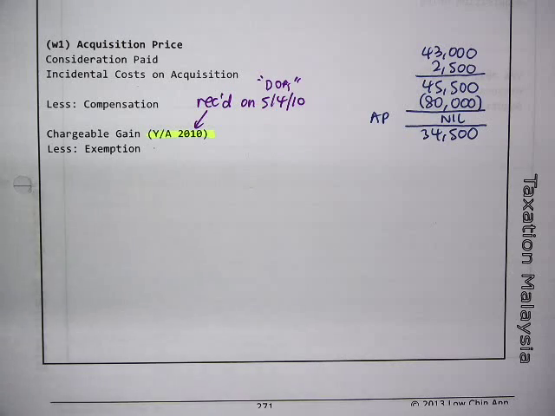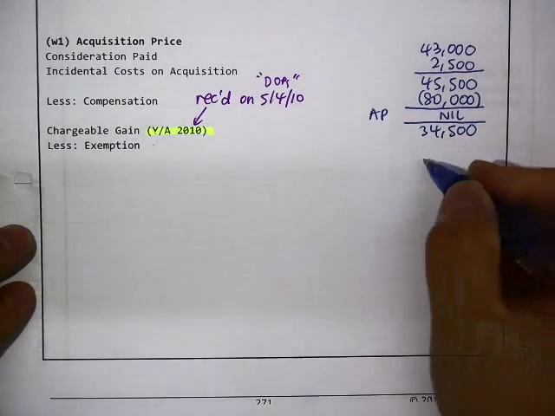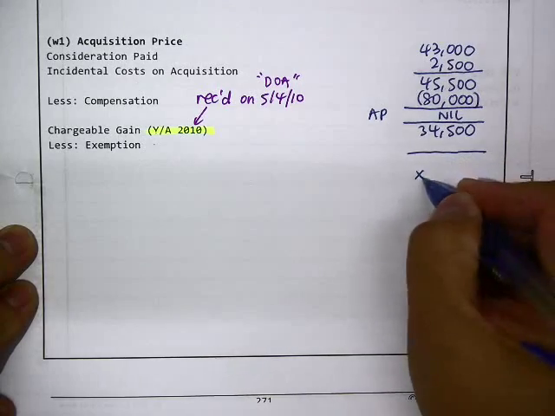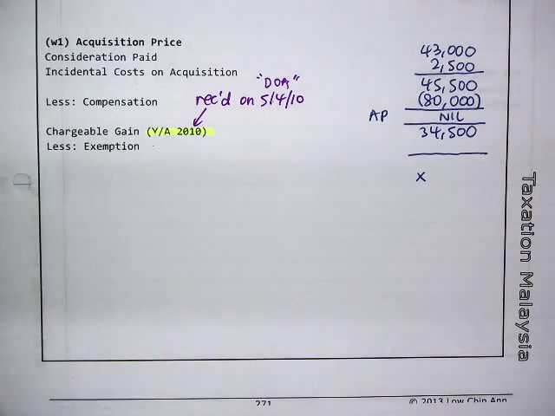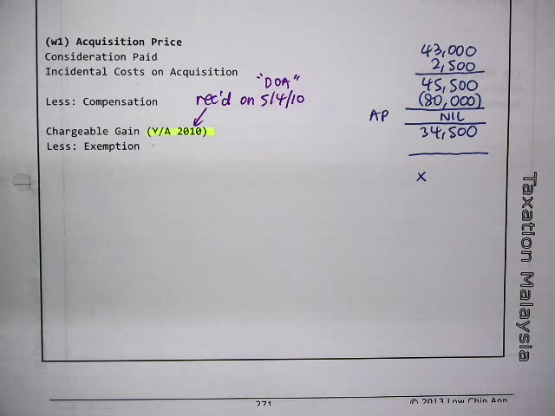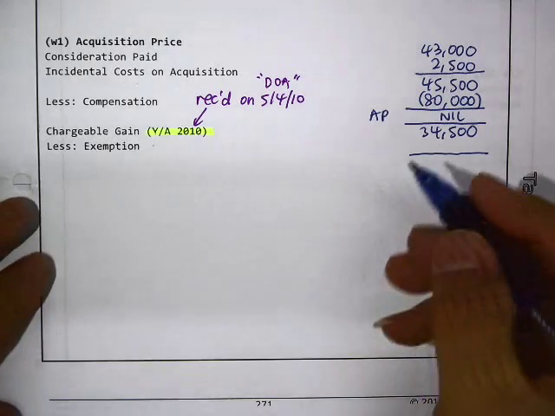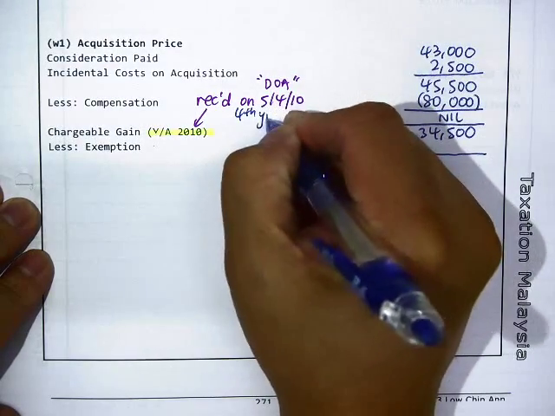But actually you receive 80,000 compensation. Now that gave us an acquisition price that is 0. You don't have an acquisition price over here. Agree or not? It's negative already. Where got acquisition price? You see now?